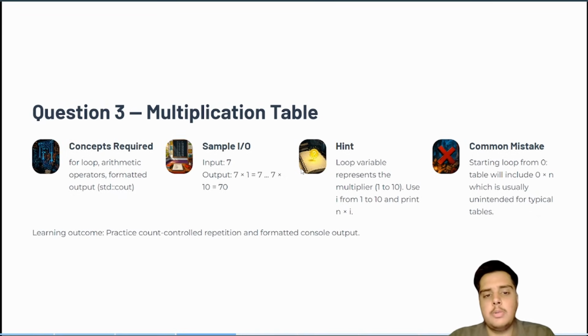For sample input 7, the output should be 7 into 1 is equal to 7. The hint is that the loop variable represents the multiplier 1 to 10, so use i from 1 to 10 and print n into i. Starting the loop from 0 is a mistake, because the table will include 0 into n.